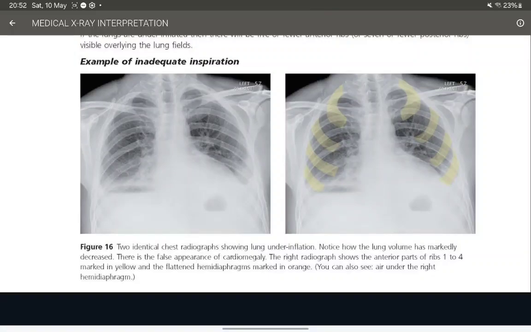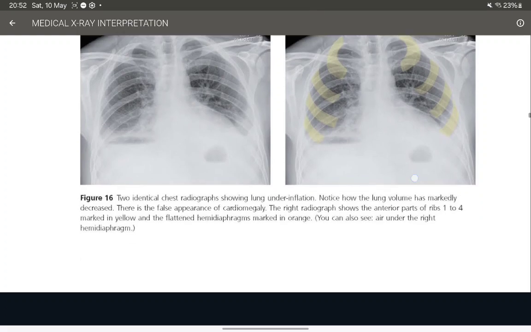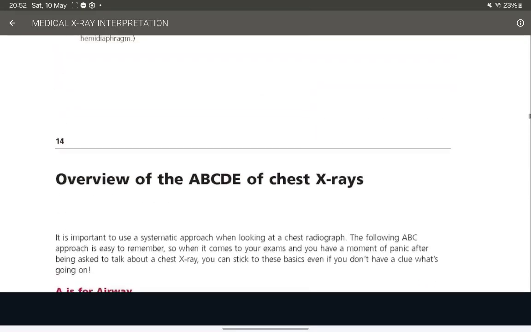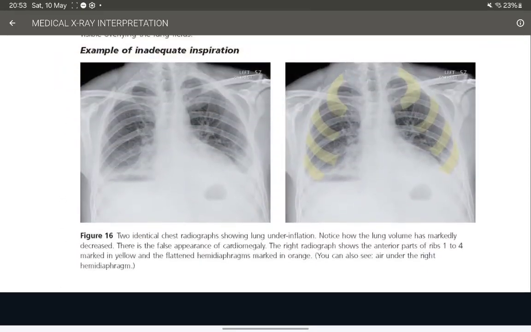Here is less inspiration, or inadequate inspiration, because we have only 4 ribs above the diaphragm appearing in the radiograph. This is all regarding the technical parameters.